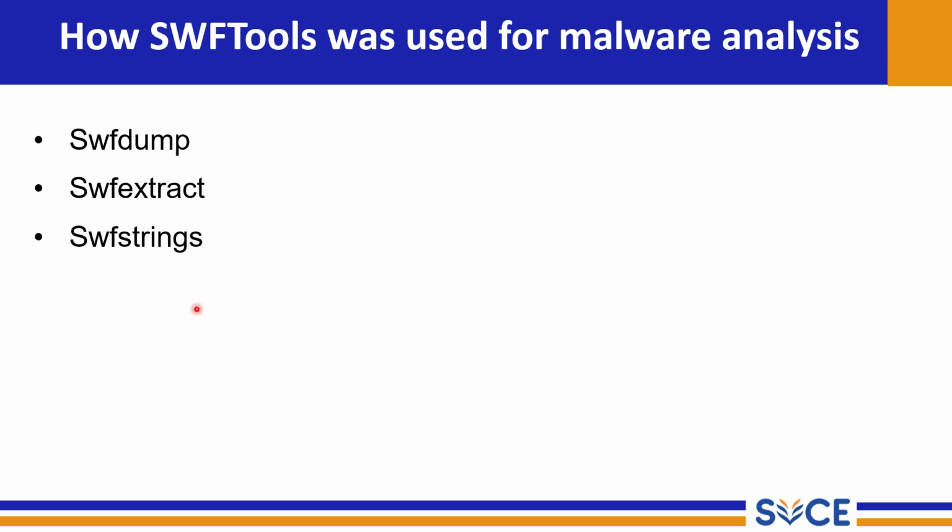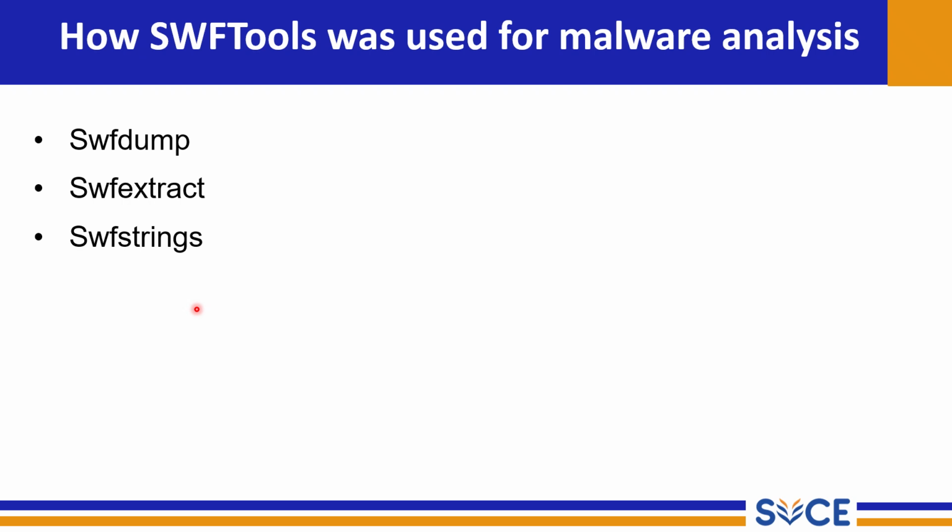Okay, and the shift to other file types. As Flash became a less viable attack vector, threat actors moved to other file formats and attack methods. Modern static analysis for malware focuses more on formats like PDF, Office documents like DOCX or XLSX, and executables, that is PE files. And next, alternative tools.